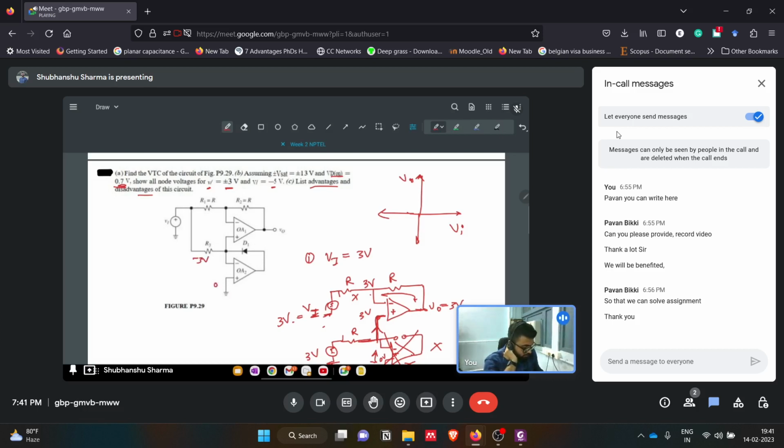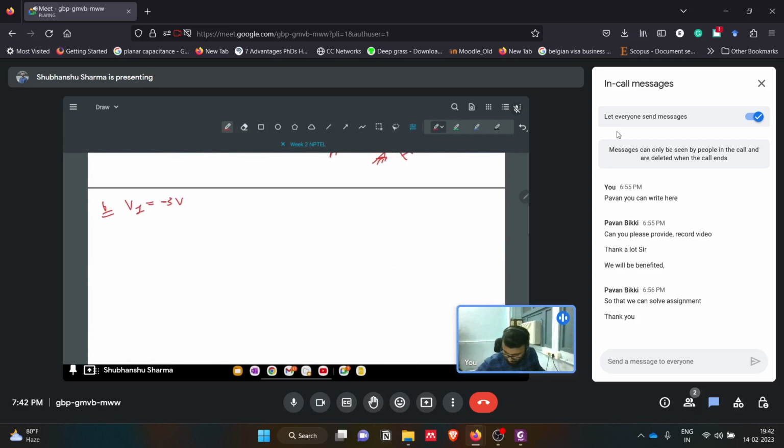This is 0 volts, so this is negative. A negative voltage is given to the negative terminal of the op amp, so the output will be positive. Then this diode will be in forward bias.